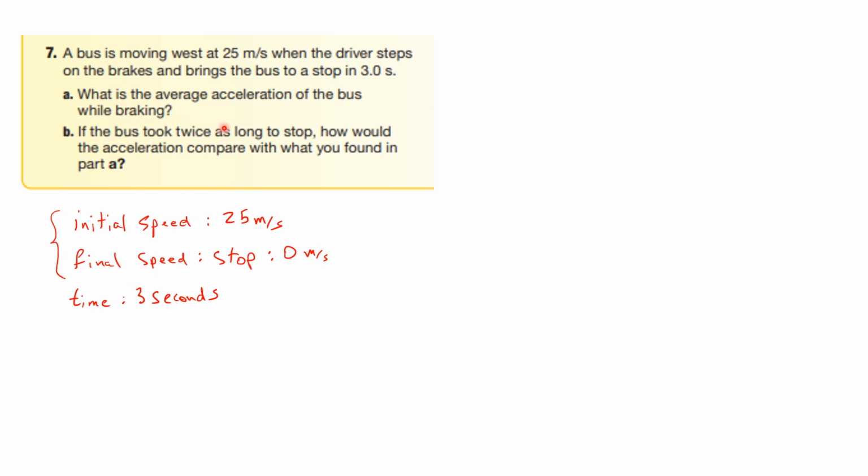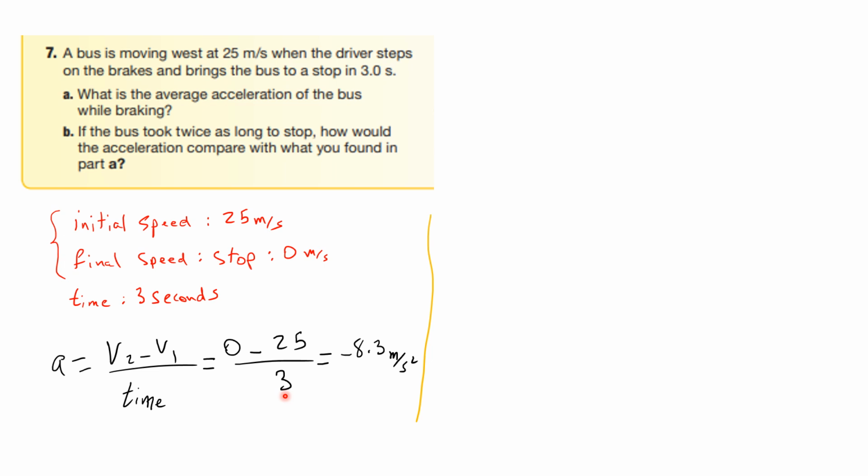As we learned in the previous slide, it's the change of velocity over the time. So V final, which is 0, minus V initial, 25, over the time. So acceleration is negative. Of course the acceleration has to be negative because the bus is slowing down, wanting to stop.